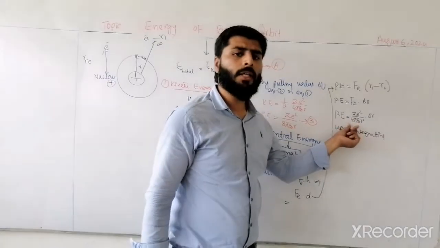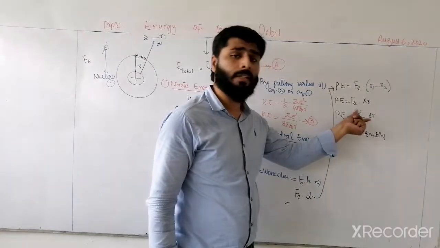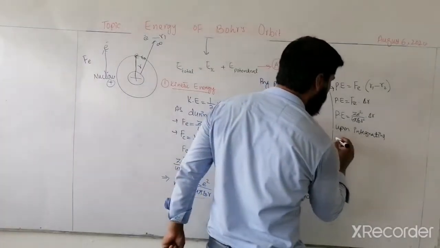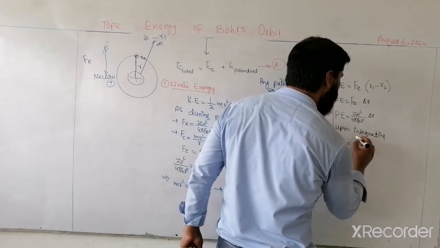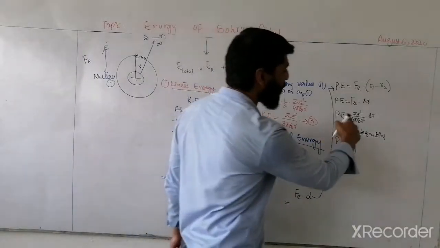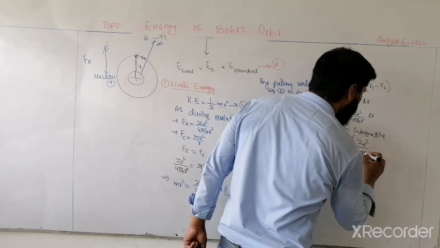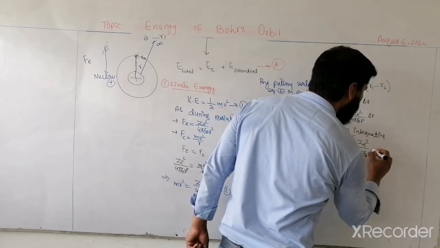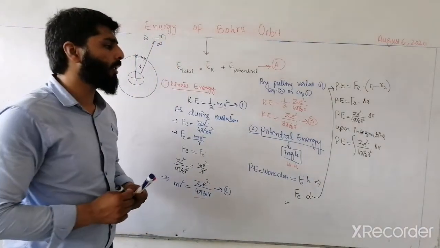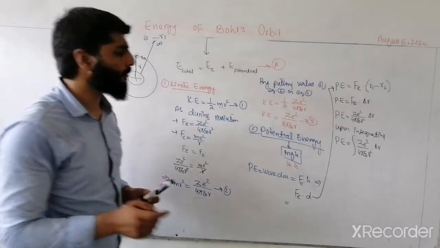In order to calculate the total work done, we have to integrate this equation. So by integrating this equation, we will get potential energy equal to the integral of Ze square divided by 4 pi epsilon naught r square with respect to delta r, integration of r square with respect to delta r.